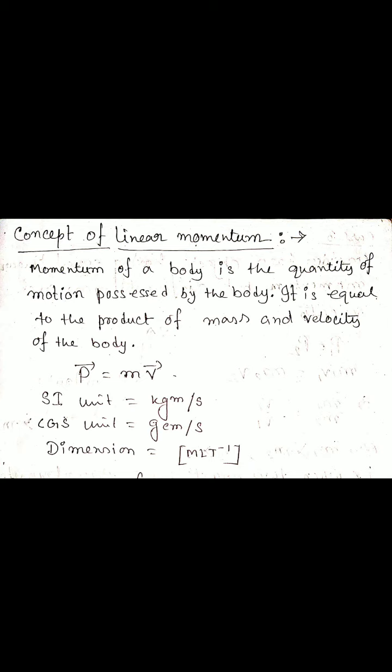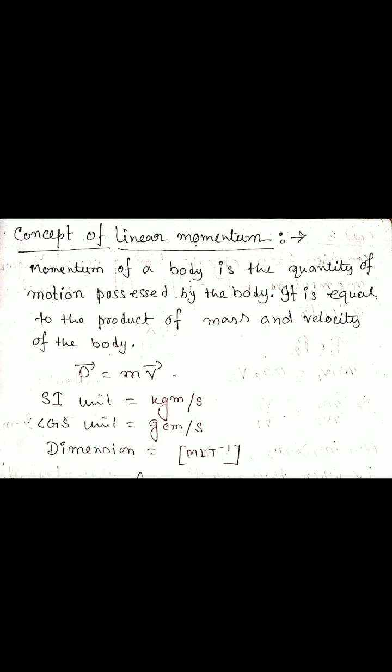So these are two different things. In the first case, the force will be the same and the velocity will be the same, but the mass of the two stones will be different, as we already discussed with the example. And in the second case, the mass is the same but the velocity is different.